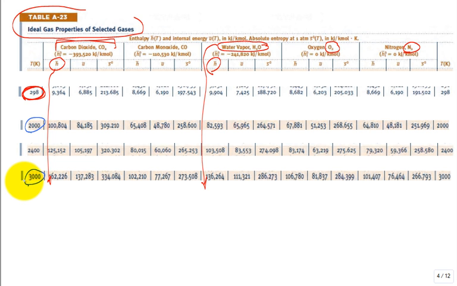So if we do it for theoretical air, what I'm going to have is an equation that I want to set equal to 0. The first term in the equation is the standard enthalpy of combustion for the propane. And then what do we have?